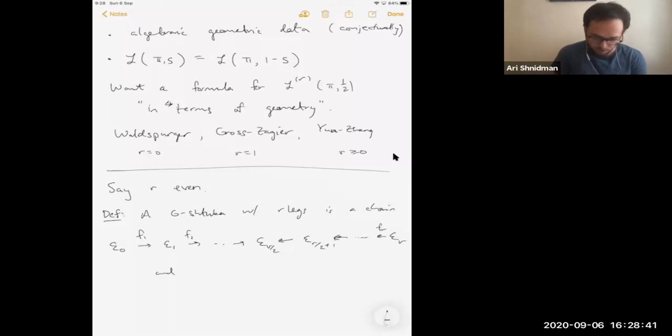And these are vector bundles on X. And we also need an isomorphism between the first one and the Frobenius pullback of the last vector bundle, ER.